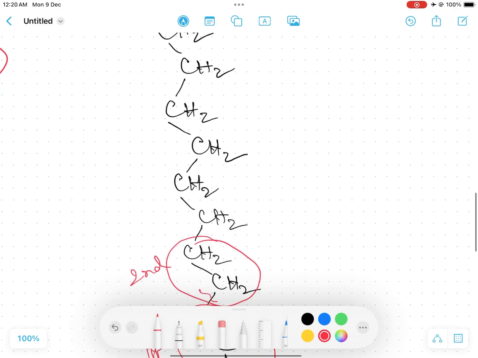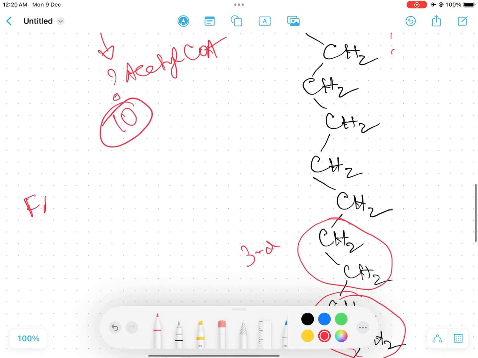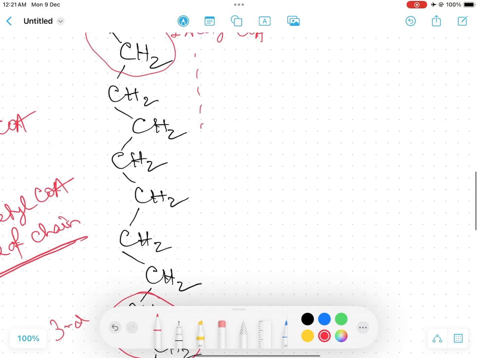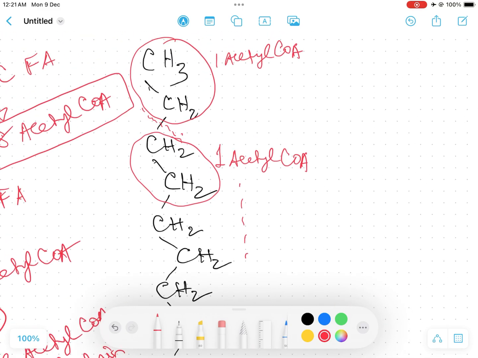Then these 2 carbon atoms second, then these carbon atoms third. So the removal as acetyl CoA starts from the carboxylic end of the chain. Now all the successive 2 carbon units are removed from the fatty acid as acetyl CoA.